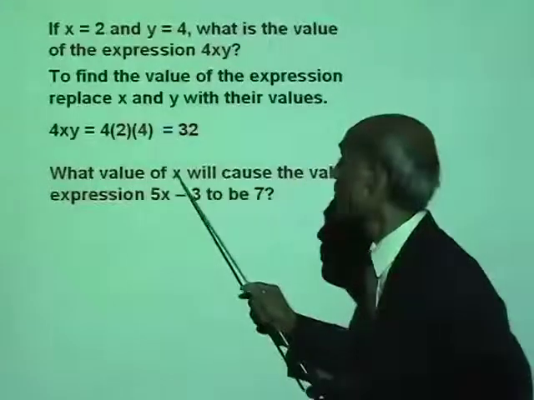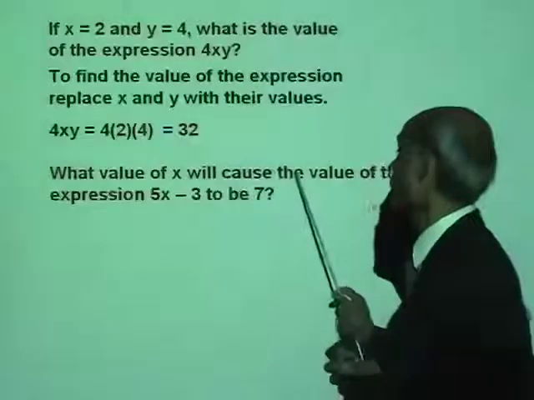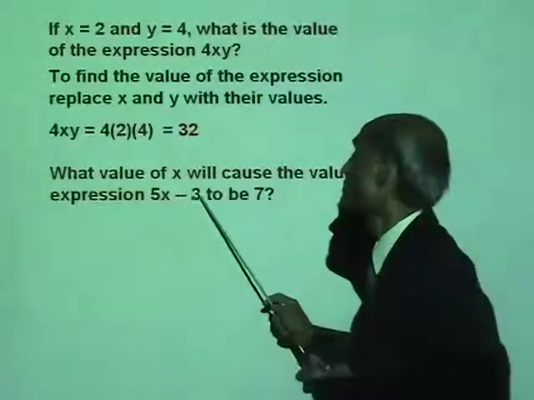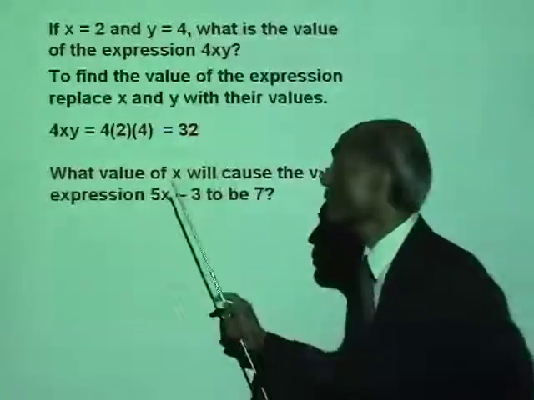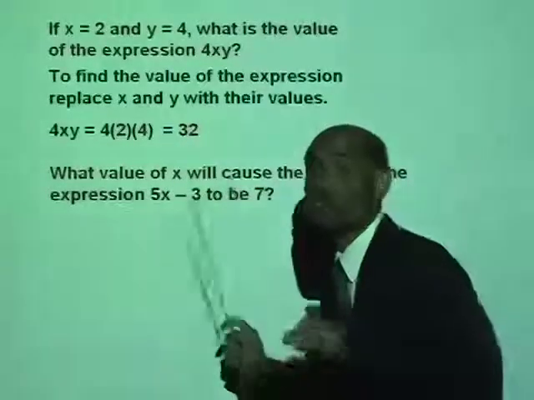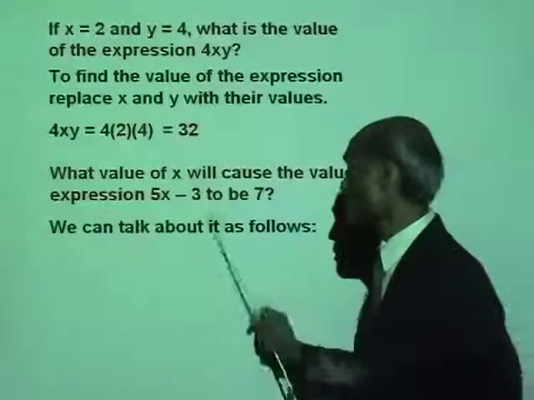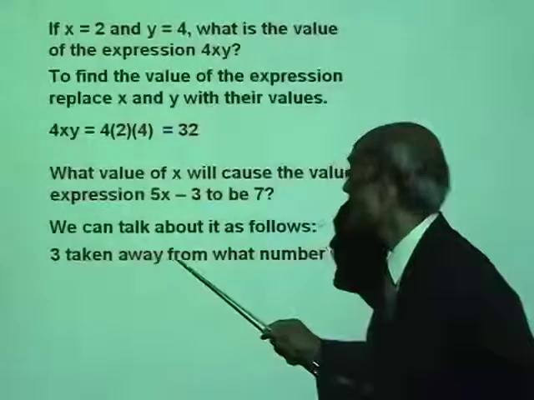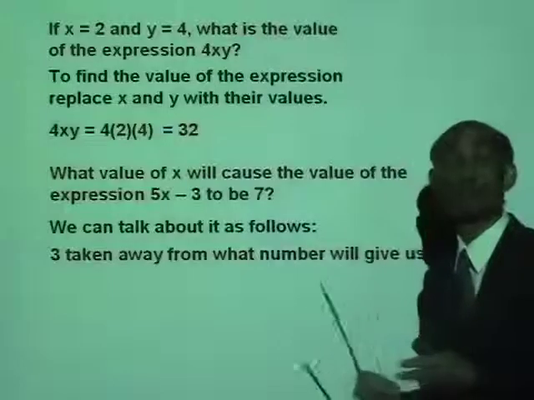What value of x will cause the value of the expression 5x minus 3 to be 7? Now, we want the value of 5x minus 3 to be equal to 7. Alright? We can talk about it as follows. 3 taken away from what number will give you 7?